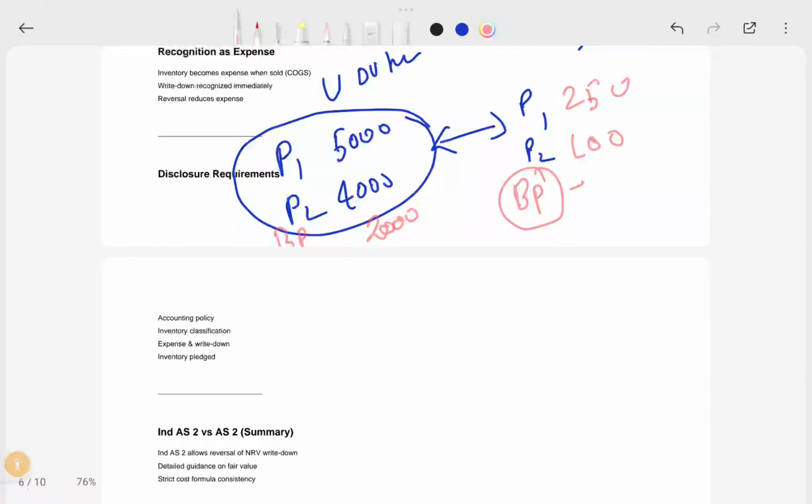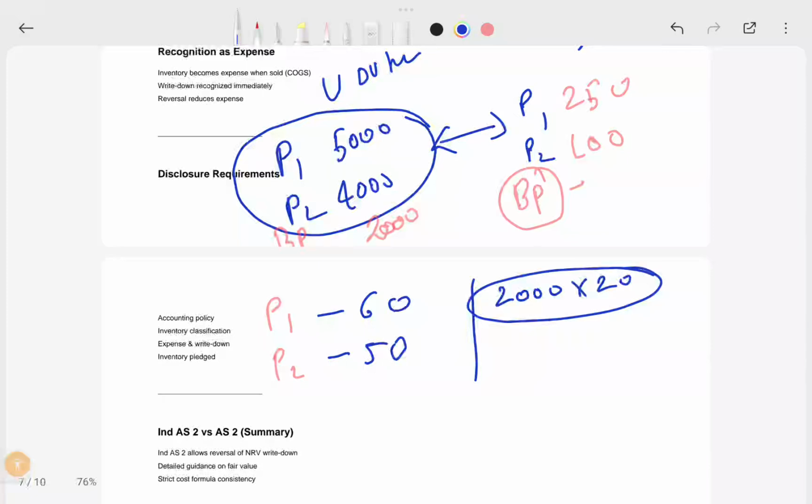For the main products, product 1 we can sell in the market for 60, and product 2 we can sell in the market for 50. The byproduct of this 2,000 has been sold in the market for 20 per unit. There is a profit by selling this product.